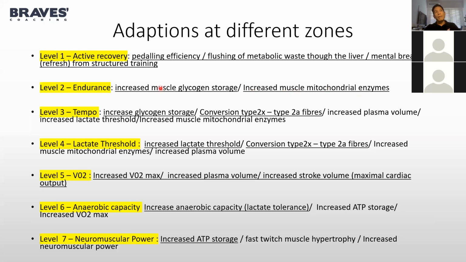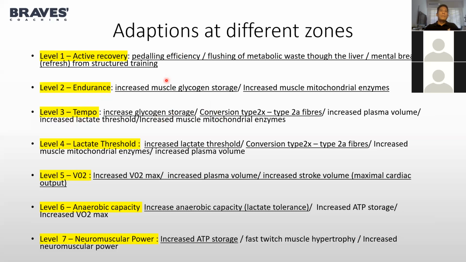That happens at really low power and low heart rate, which is why we cap it at the lactate threshold 1, LT1, which is covered in the other webinar on polarized training. Level 3 is tempo.